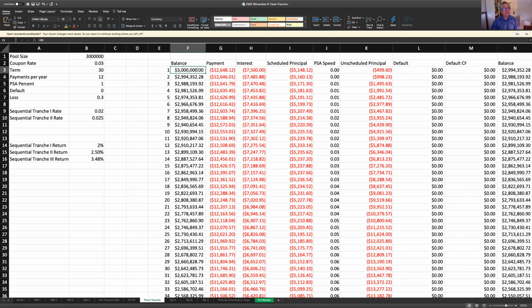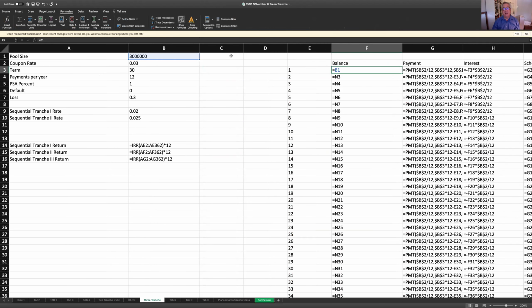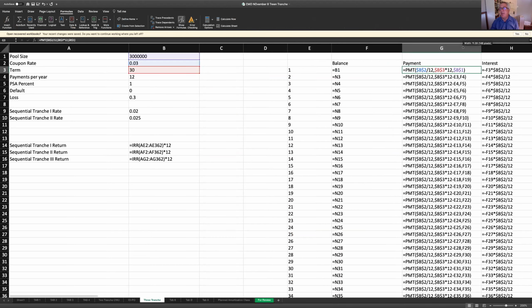So balance is straightforward. We start with an assumption of $3 million, and then we go to formulas and show you the formulas. Okay. We get a payment which is based on our balance at the beginning of the period, which in the first period is just B1, though we could refer here to cell F3 just as well, and maybe that's a little more consistent.